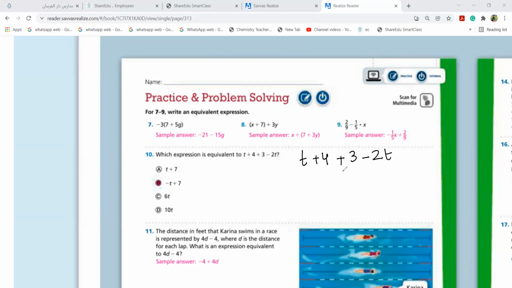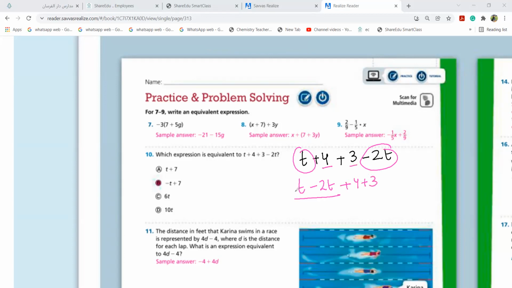Come on here, Rital. Tell me the same family and circle them. Very good. T and minus 2t. Don't say 2t, please. So t and minus 2t. Okay, and numbers. Do you have same? Yes, I have numbers also. I'll write the numbers together.